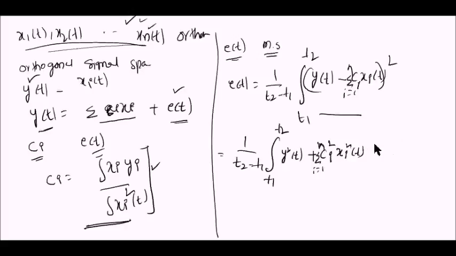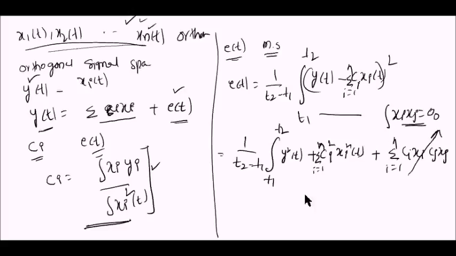Then cross product terms, like sigma i equals 1 to n ci xi cj xj. But all these cross product terms will go to 0, because xi dot xj will equal 0, because these two signals are orthogonal to each other.